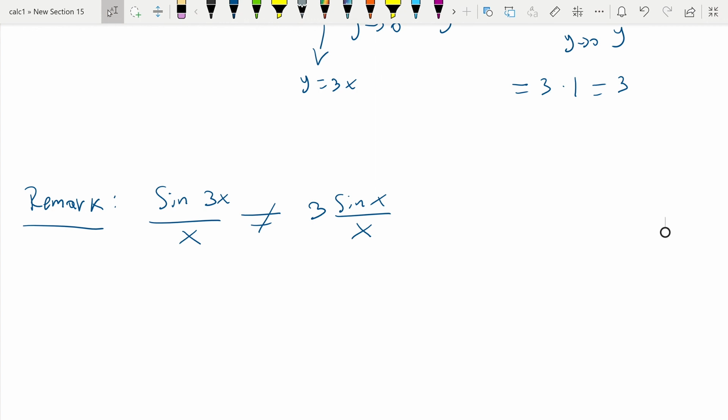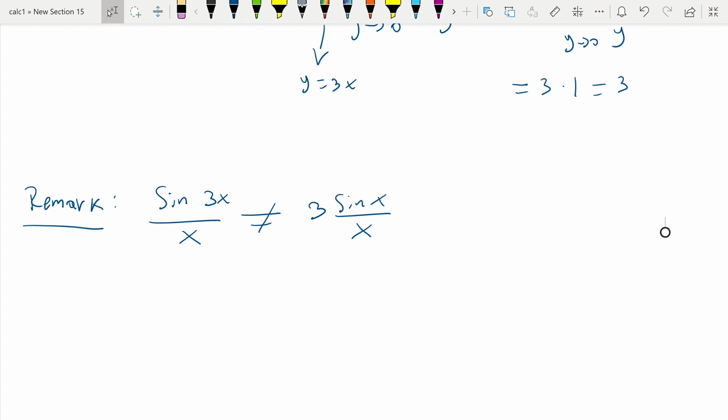Avoid this at all costs. You also never put things inside either. If you have a sine of x and you want it to become sine of 3x, when you have a 3 multiplying outside, don't bring it inside. That's completely incorrect, and it will give you immediately 0 points.